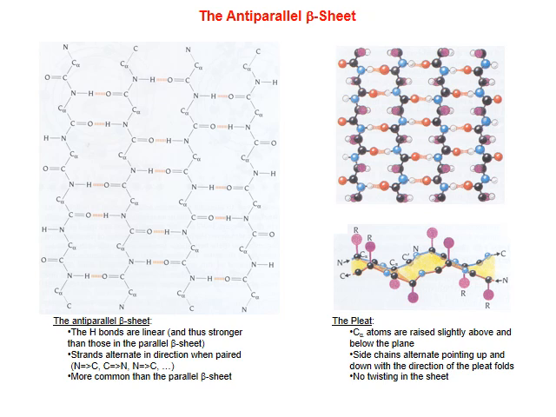Okay. Sometimes you have a mixture of sheets that have some anti-parallel characteristics and some parallel characteristics, and we call that a mixed beta sheet. So it may not be all parallel or anti-parallel, but it could be mixed as well. So you do see the mixed sheet with parallel and anti-parallel components.